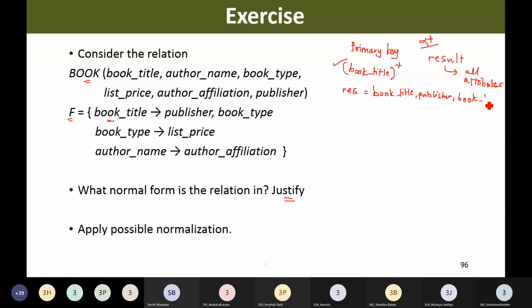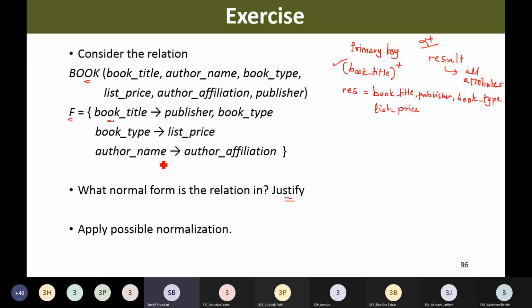Publisher and book type. Now let us go to the next functional dependency, book type determining list price. Whether book type is part of my result? Yes. So this right hand side also needs to be concatenated to my result. So one more attribute gets added, list price.